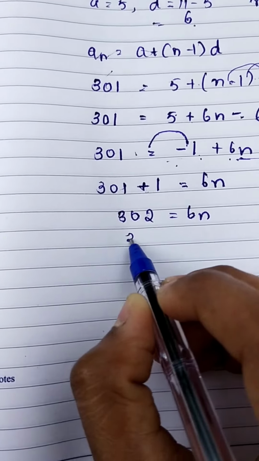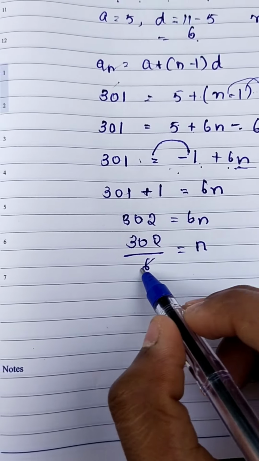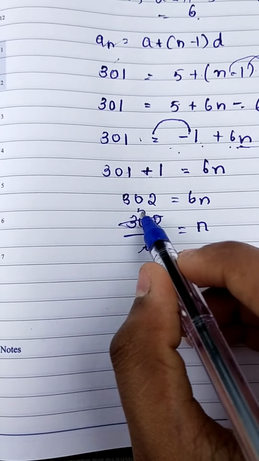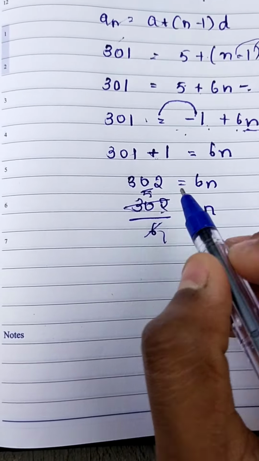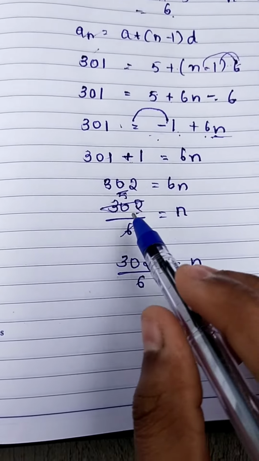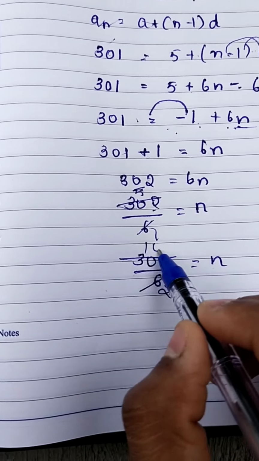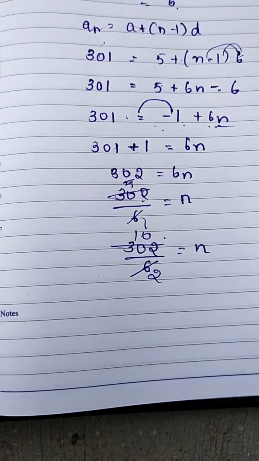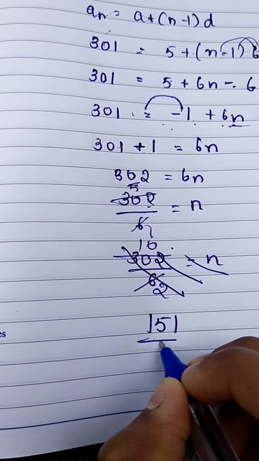Now we have to divide: 302 by 6 is equal to n. We'll do it in 3s, and when you divide, you get 151 by 3.